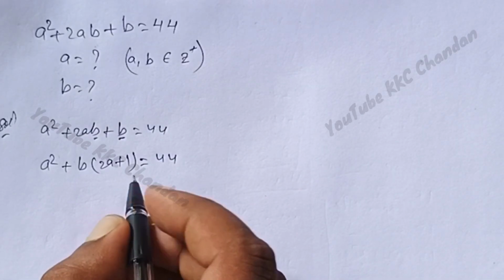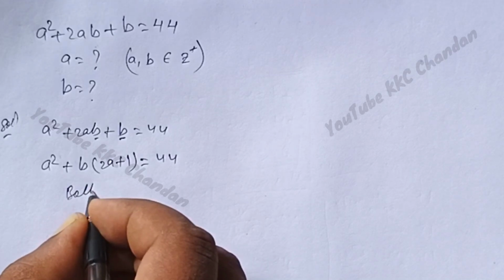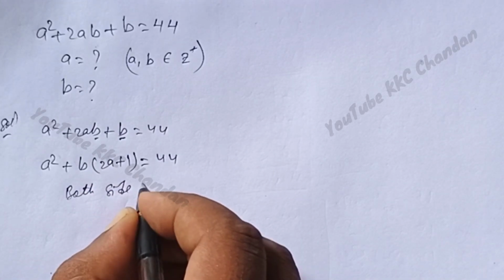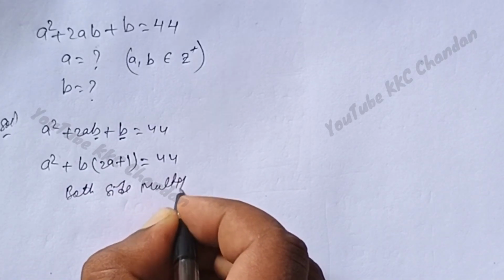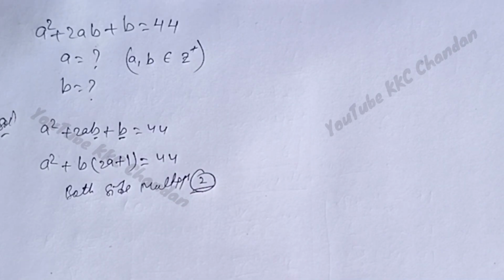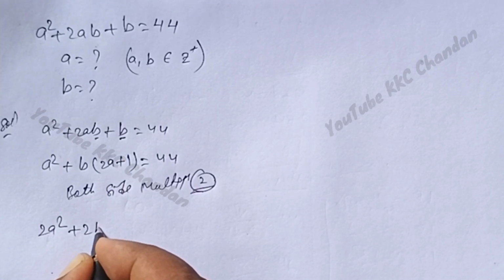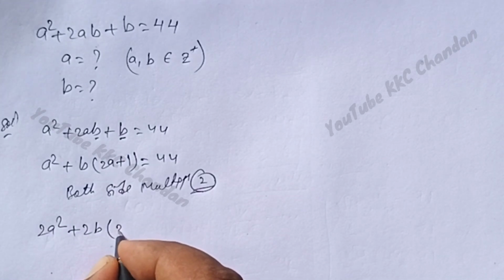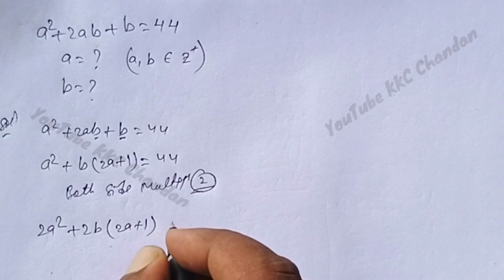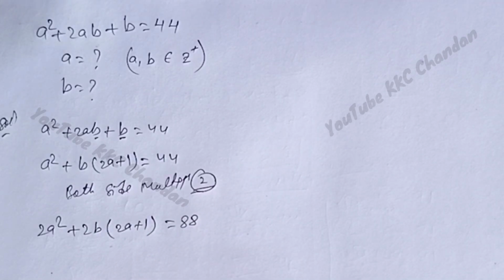After that, multiply both sides by 2. Multiplying both sides by 2, we get 2a square plus 2b, bracket open 2a plus 1 bracket close, is equal to 88.